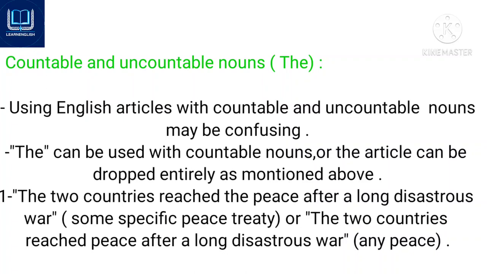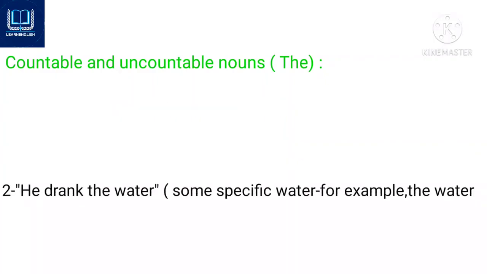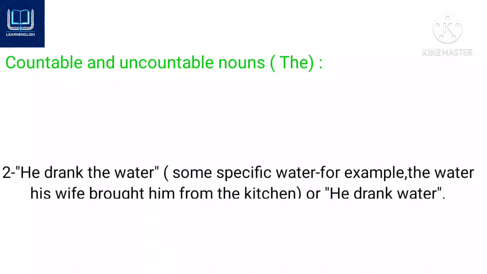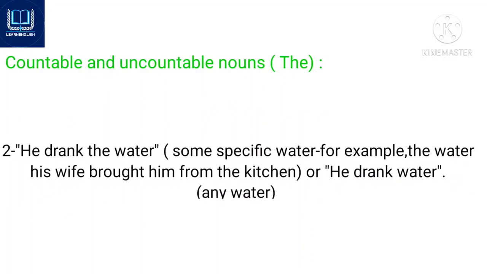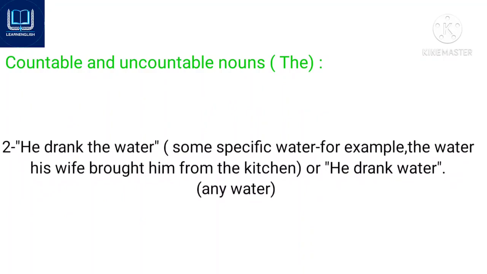Or the two countries reached peace after a long disastrous war: any peace. 2. He drank the water: some specific water, for example, the water his wife brought him from the kitchen. Or he drank water: any water.